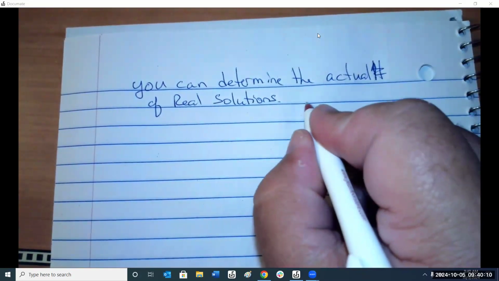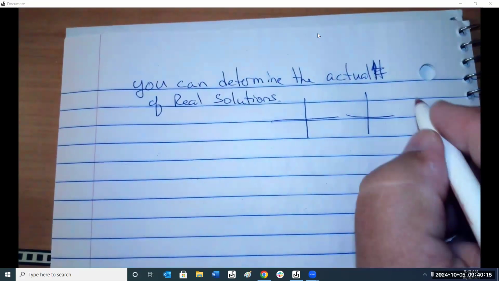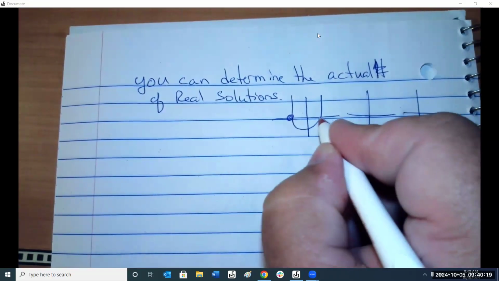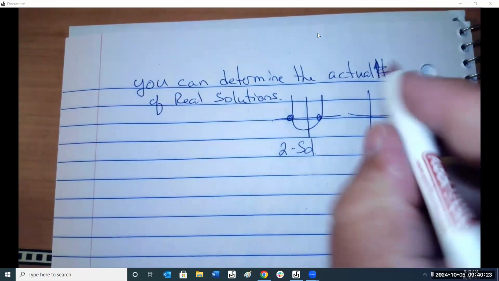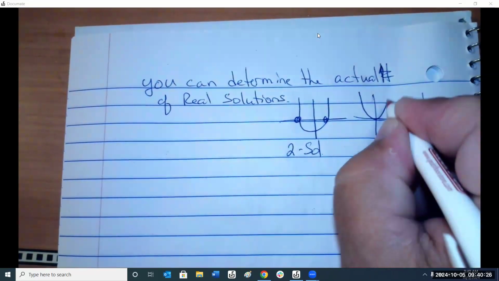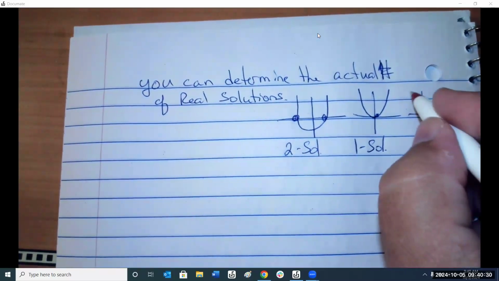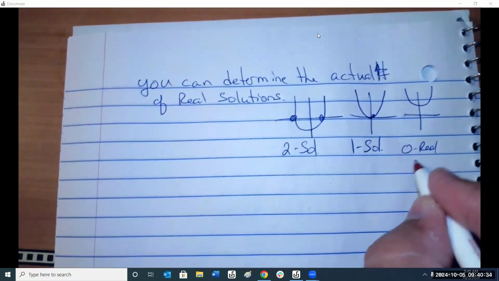Remember, in quadratic equations, we have one of three possibilities. It can look like this, where you have two solutions. It can look like one, like this, one solution. Or like this, we have no real solutions.